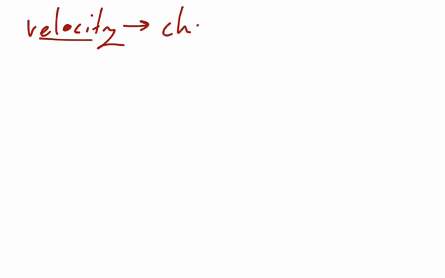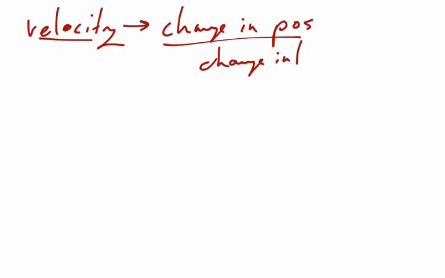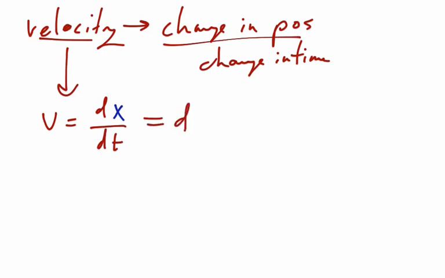So really it's the change in position over your change in time. And calculus has a great way of expressing this because the velocity is your change in position, dx, over your change in time, which is dx dt. And we'll see very soon that basically this is the derivative of position, which is a very nice thing.